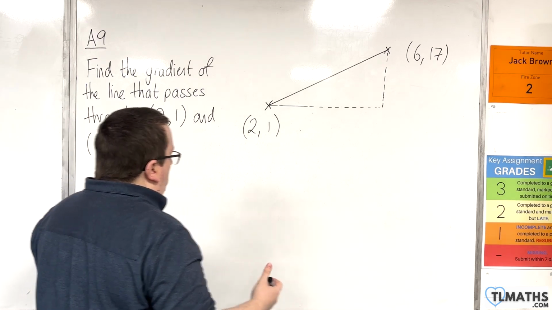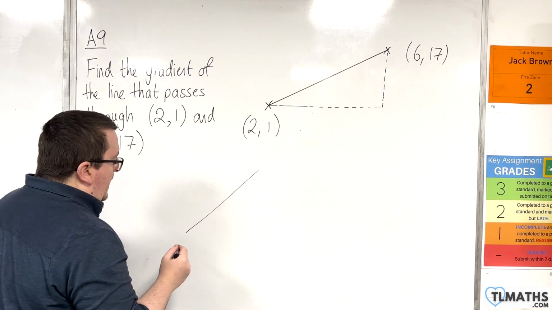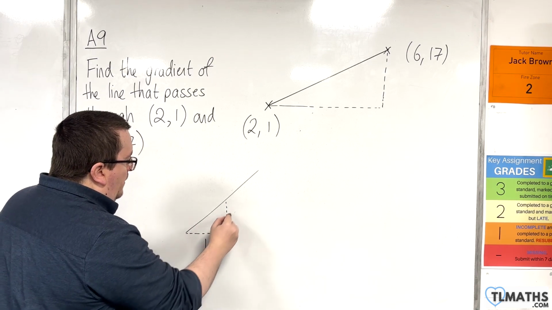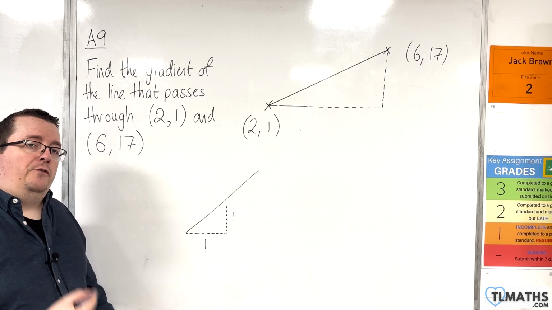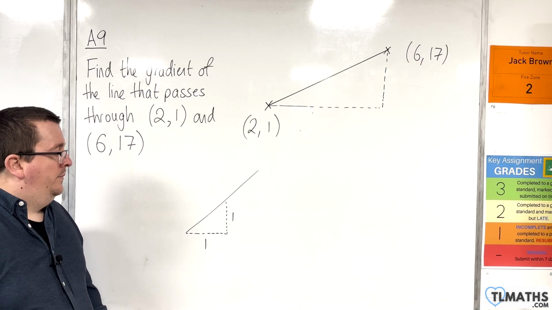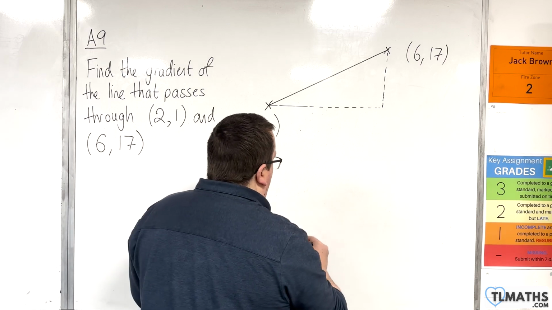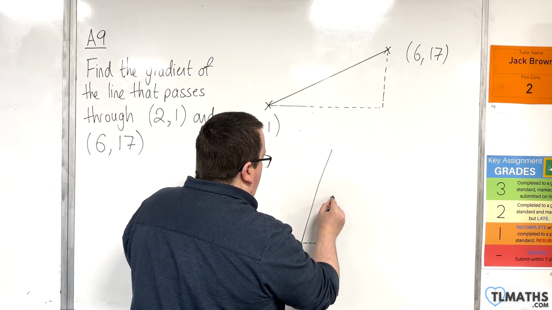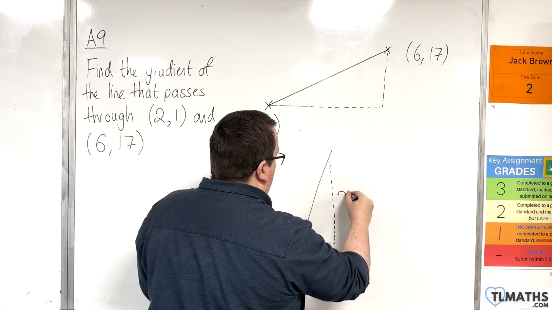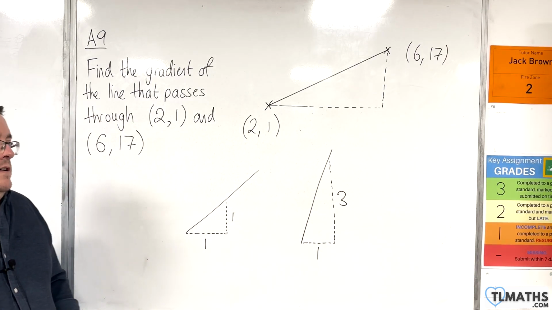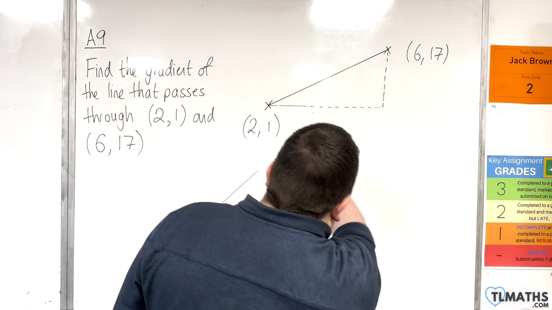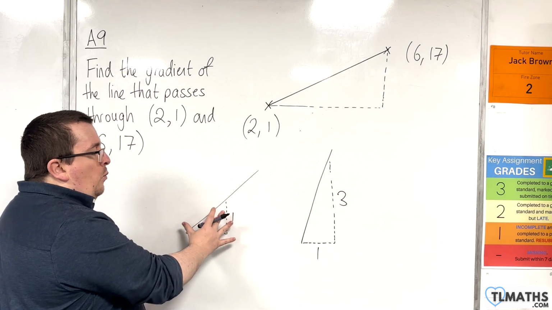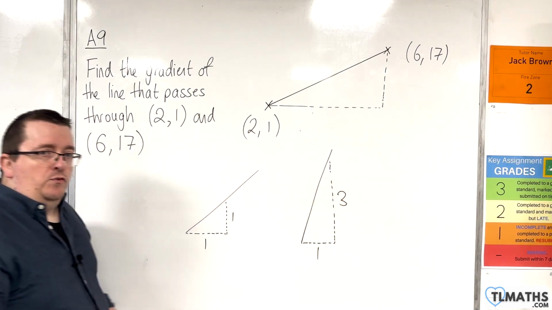So, for example, if you have a line here, so that for every 1 along, I am going 1 up, then I know that the gradient of that line is 1. And if I had a line that did this, and I knew that for every 1 along, I was going up, let's say 3, then the gradient of that line is 3. I don't know how straight that line actually is, but that'll do. So I know that this has gradient 1, and this has gradient 3.